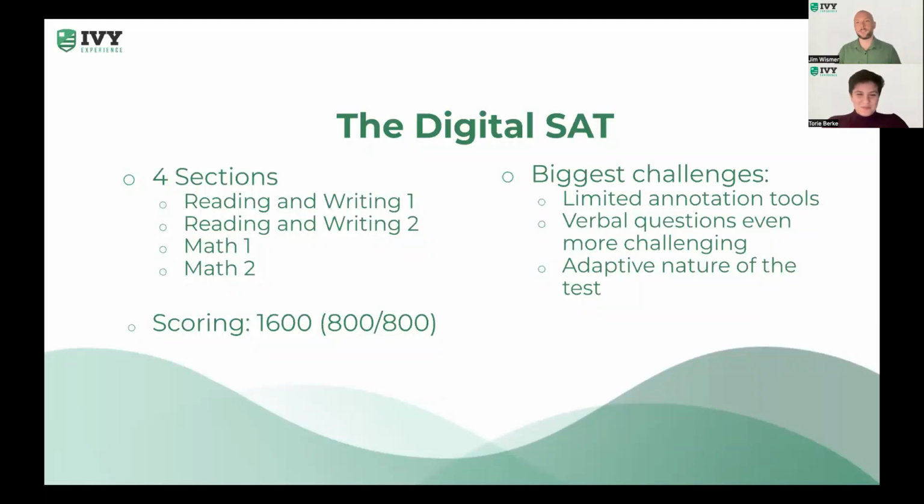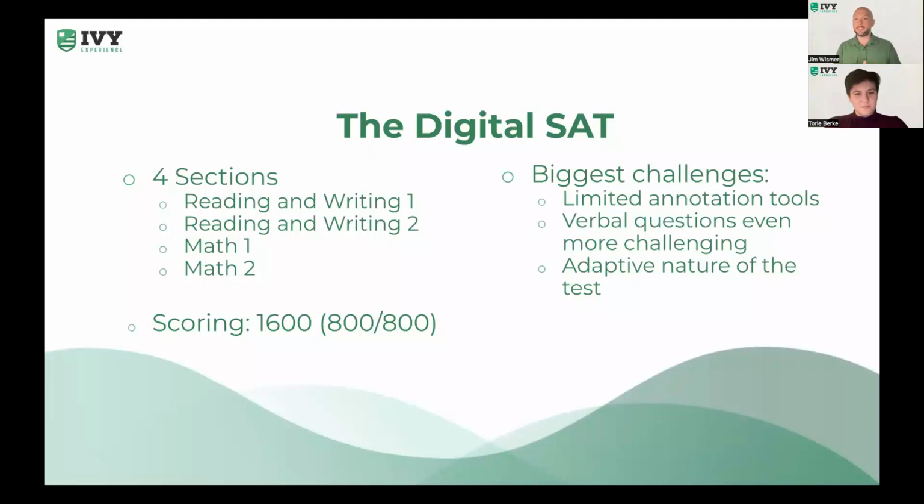So parents and students have asked us, "Oh, well, what's the strategy you're teaching around the adaptive nature of the test?" The strategy is get the questions right. The more questions you get right, the better chance you have of getting the harder second module. The other thing is that the students who get the less challenging second module missed questions in the first module that caused that to happen.